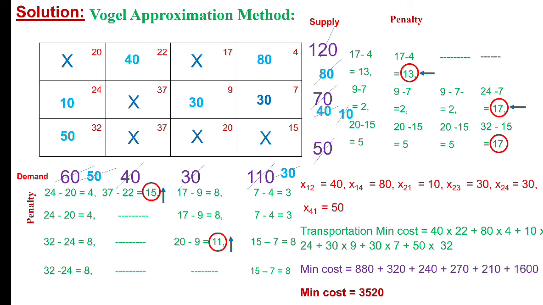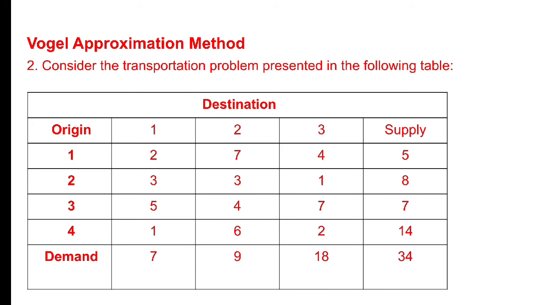Again, how to find by Vogel's approximation method or penalty method. Solution: Vogel's approximation method. First, all the unit cost values will be written at the top right corner. Then supply will be written: 5, 8, 7, 14. Demand: 7, 9, 18. This is the way we have to write.